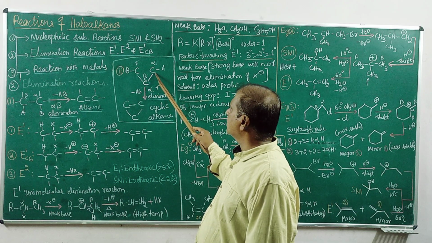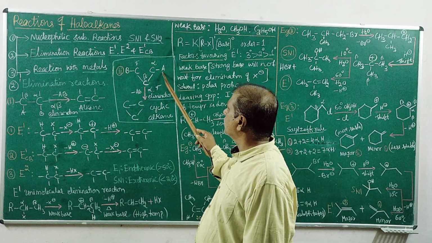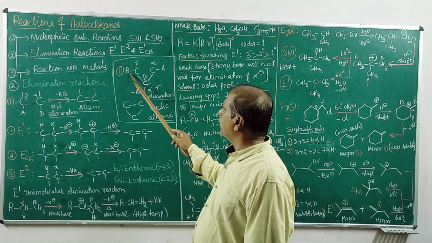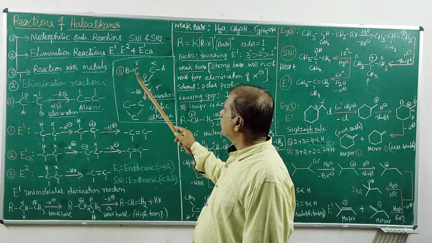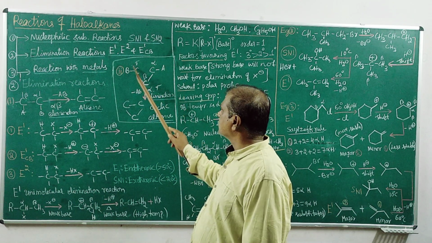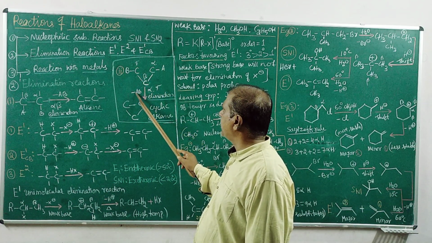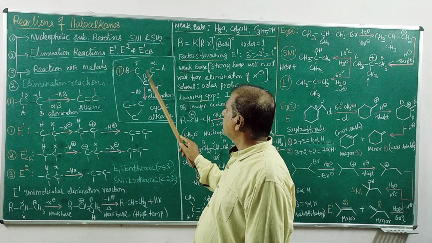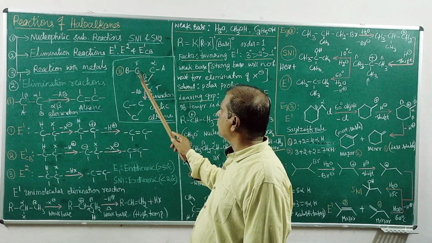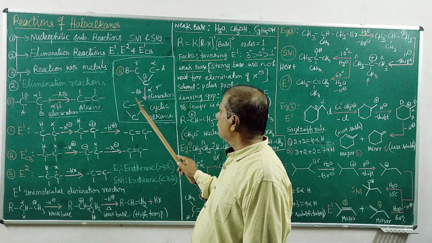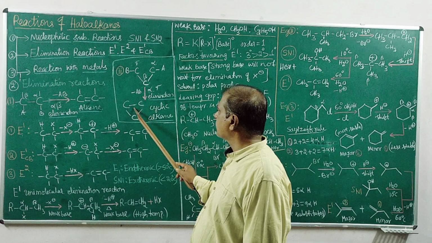To this carbon, atom or group A is bonded, and B is bonded to this. If A and B are eliminated as a molecule by breaking of the chemical bond, then a new chemical bond forms. This is a sigma bond, of course, like this.